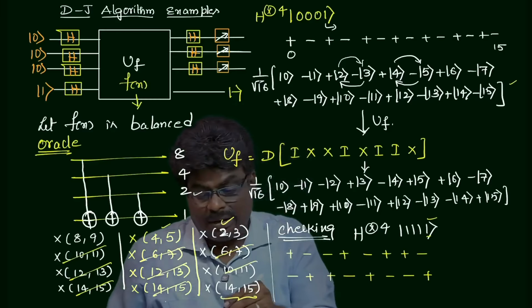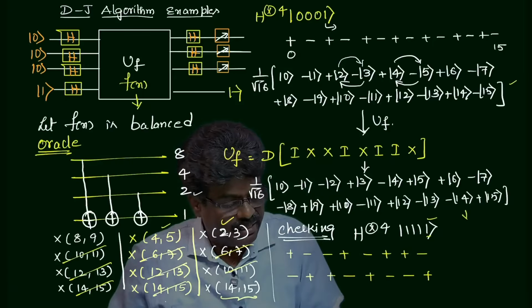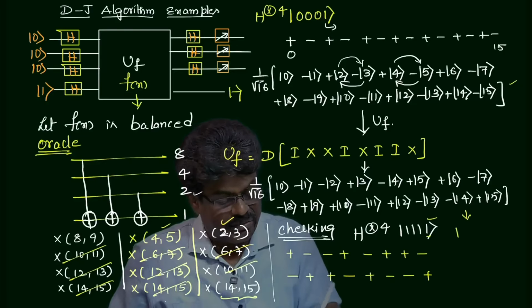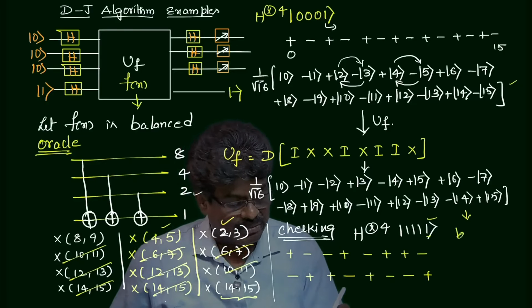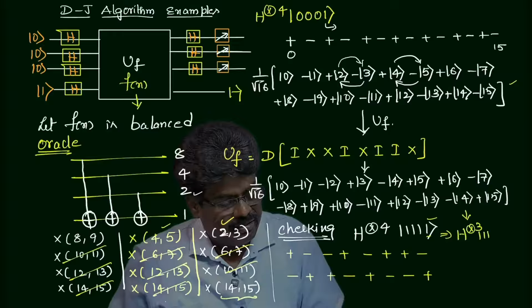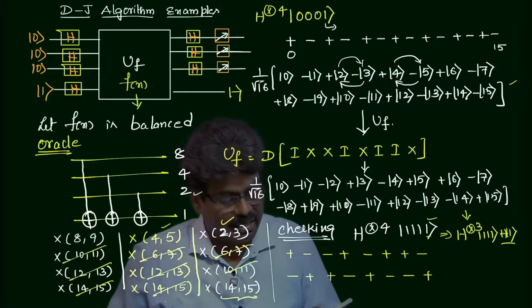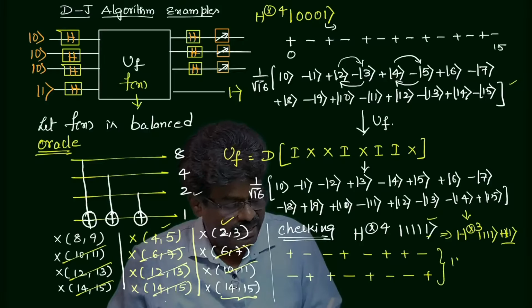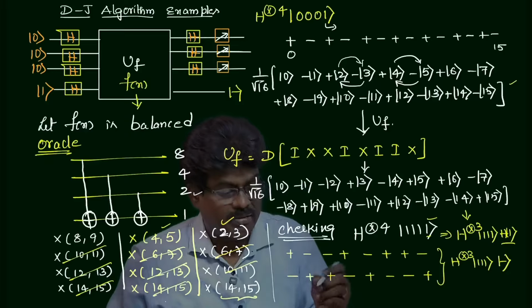So what I'm saying is you can write this entire thing as H tensor 4 on 4 ones. Then I will split it: H tensor 3 on triple 1, and H on 1. Then H on 1 is nothing but minus, and finally here we get H tensor 3, right?